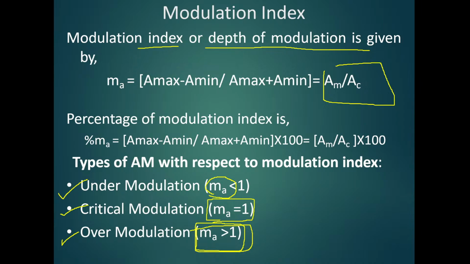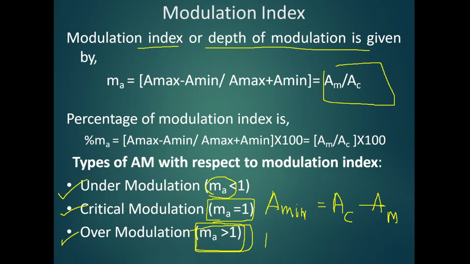Right? Now, the minimum value of an amplitude modulated wave can be given as A minimum is equal to AC minus AM, right?